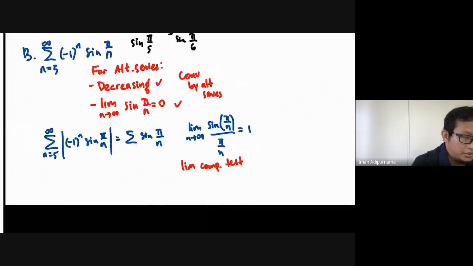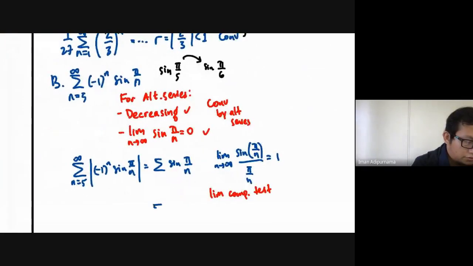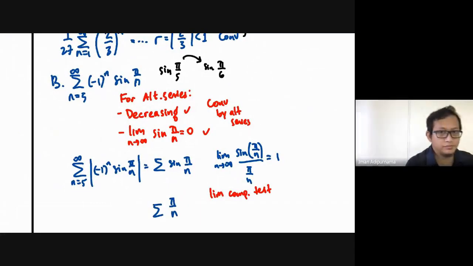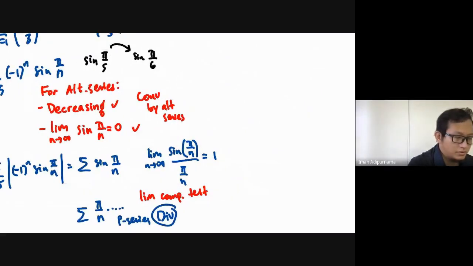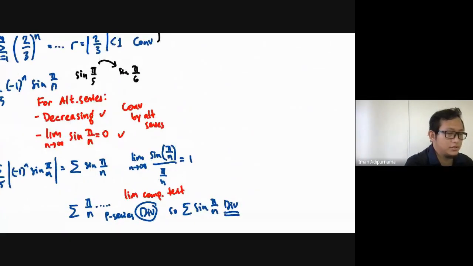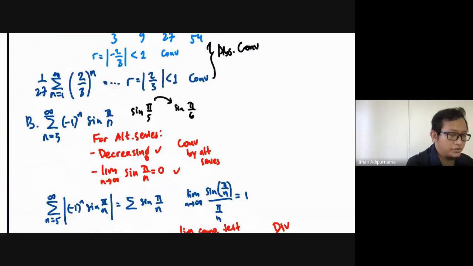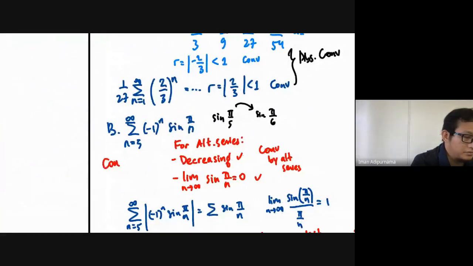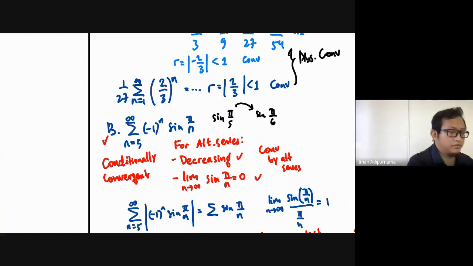And we need to check the series of pi/n. This is our p-series, right? And it diverges. So the sine pi/n series diverges by the limit comparison test. So this diverges, and the original converges. So this is conditionally convergent. So this is correct, number B.